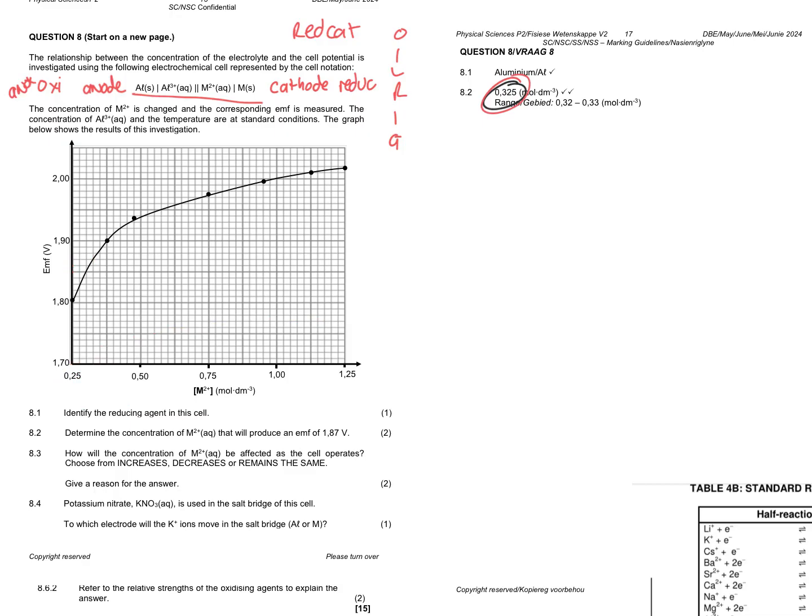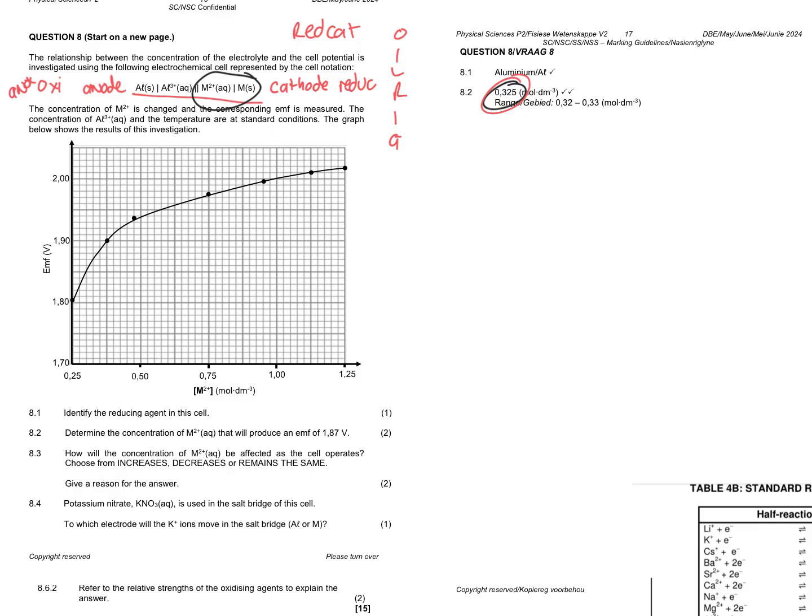Then for the next one, they say, how will the concentration of M2+ be affected as the cell operates? So you choose increases, decreases, or remains the same. M2+ forms part of the cathode, and the cathode, according to red cat, gets reduced. Reduction is gain of electrons.